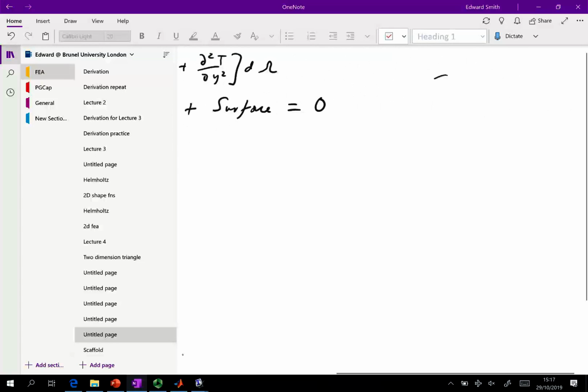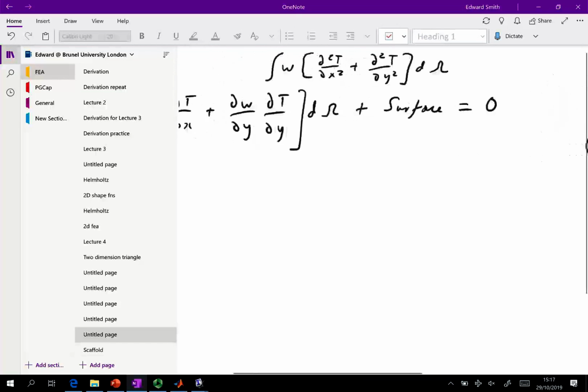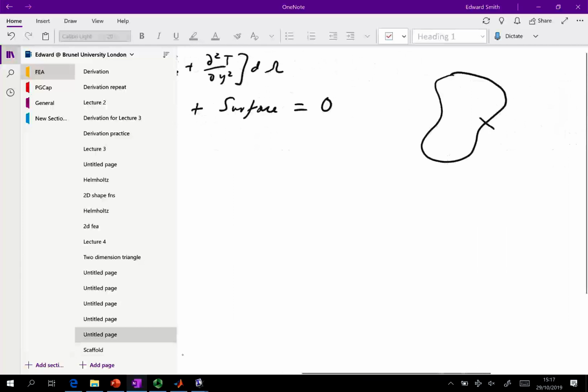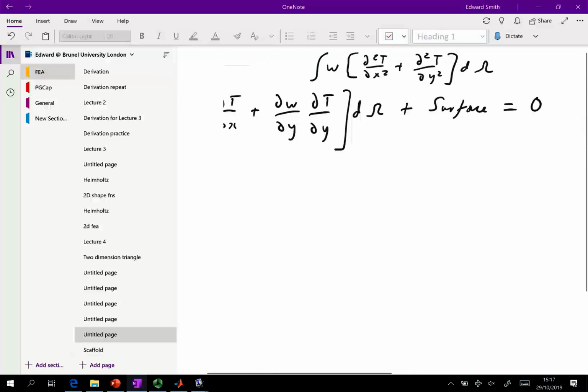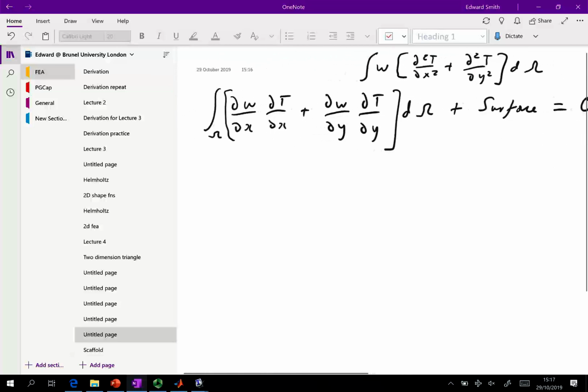Now physically, you can think of this as being an expression that says basically we can rewrite a derivative as the fluxes over the surface and the changes internally. So this is consistent with the physical interpretation we've talked about in 1 dimension. And we'll come back to the surface terms a bit later on, but the key point here is that it's the same process of rewriting a second derivative as first derivatives essentially.